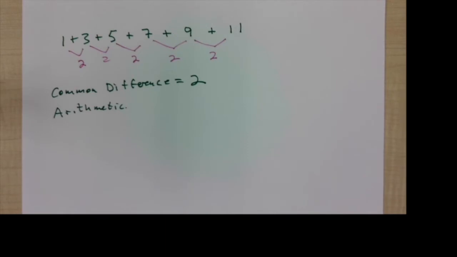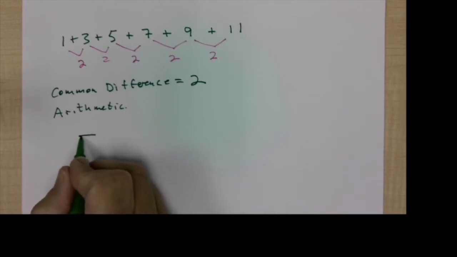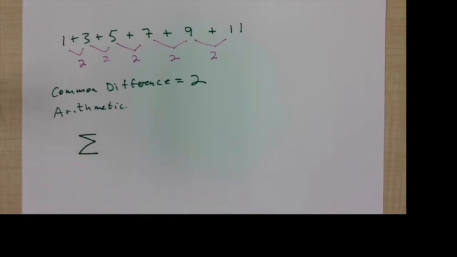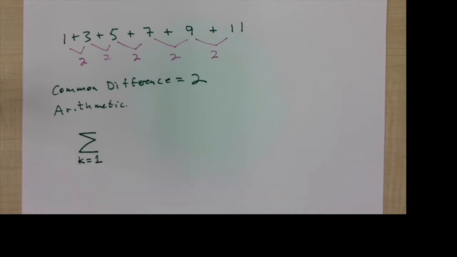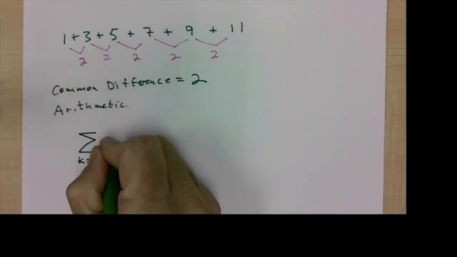Now, let's see if we can figure out a way to describe this arithmetic series. It is a sum. Normally speaking, I like my sums to start at 1, so I'm going to say k equals 1 to somewhere. And my common difference is 2, so it'll be 2k.